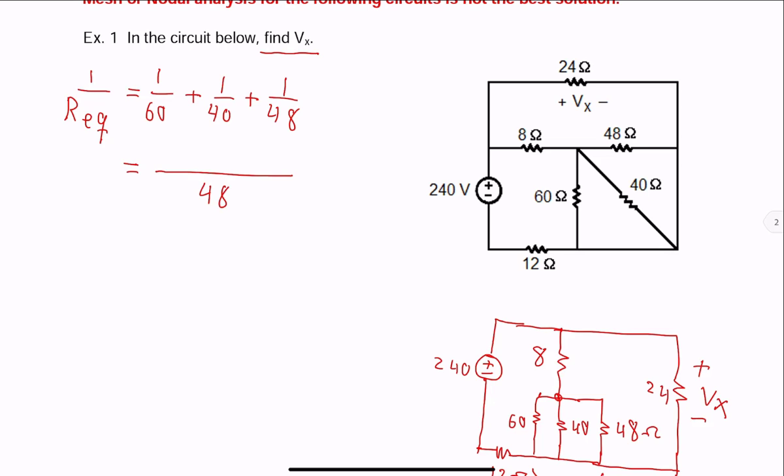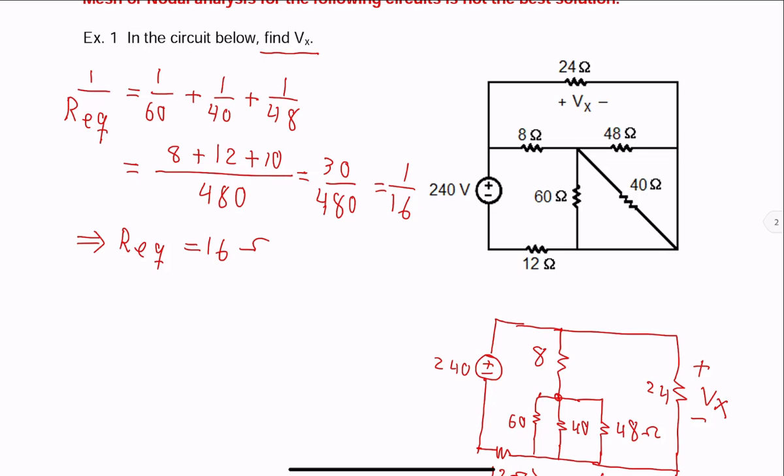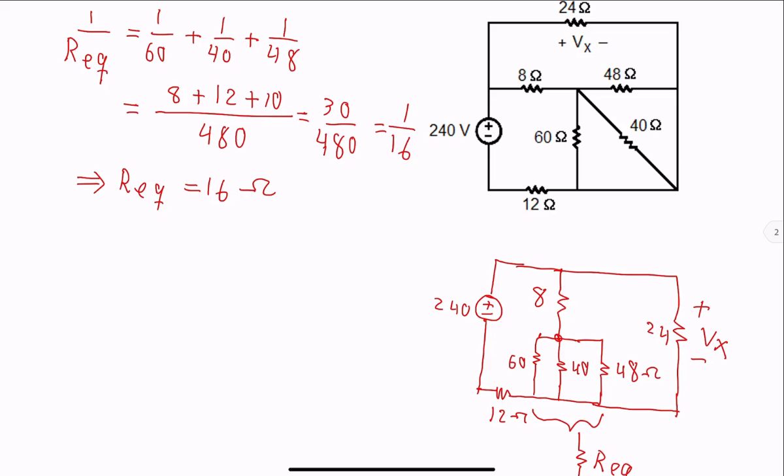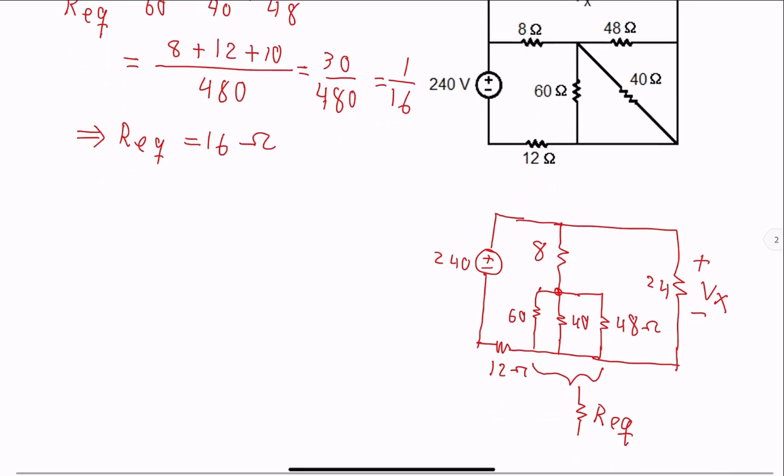Take 480 to be the common denominator. We have 8 plus 12 plus 10, 30 over 480, or 1 over 16. So that tells us the equivalent resistance is 16 ohms. So we can simplify the circuit now.